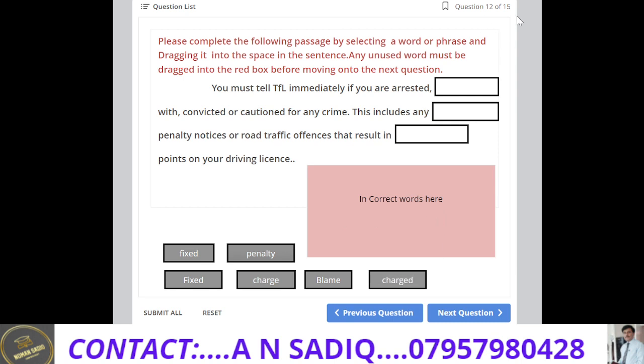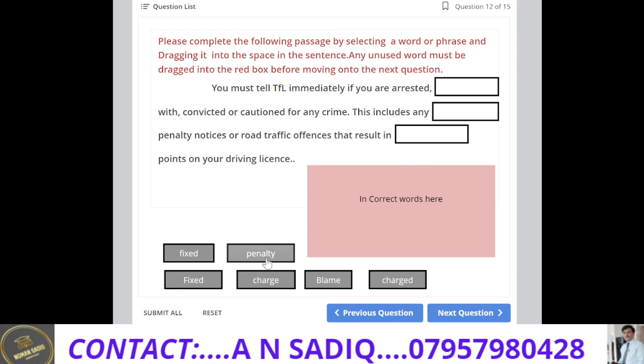This is question number 12. You must tell TFL immediately if you are arrested, then a gap, convicted or cautioned for any crime. This includes any, again there is a gap, penalty notices or road traffic offenses that result in, again a gap, points on your driving license.